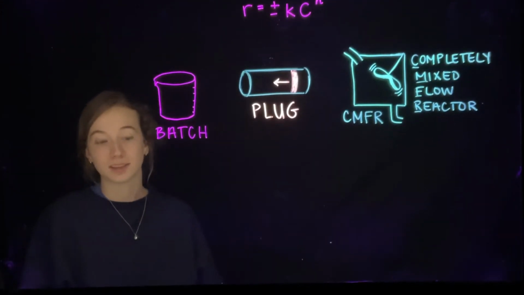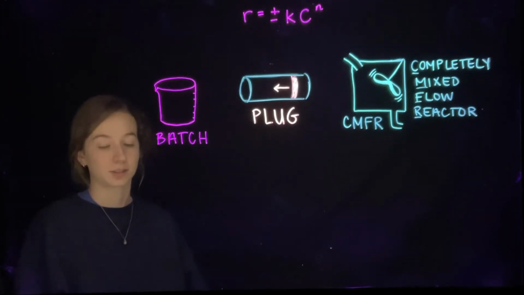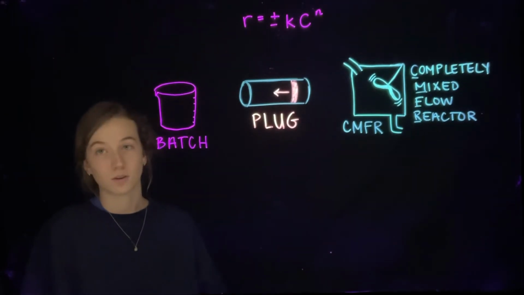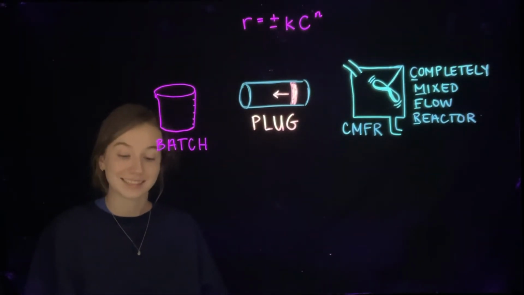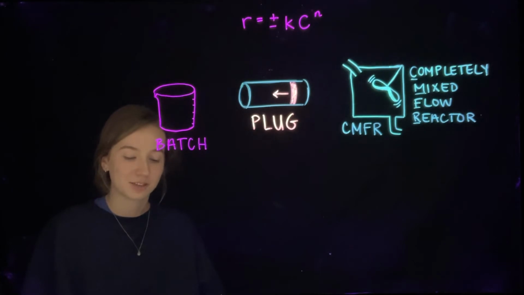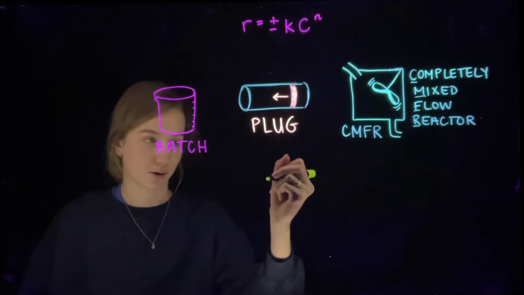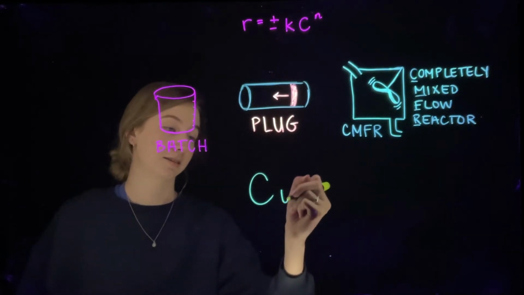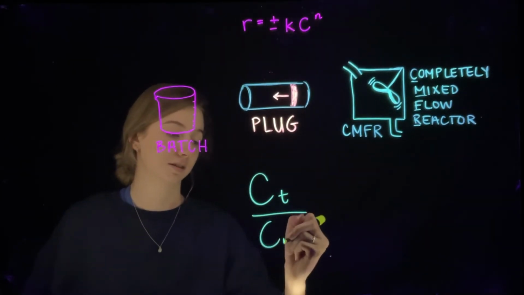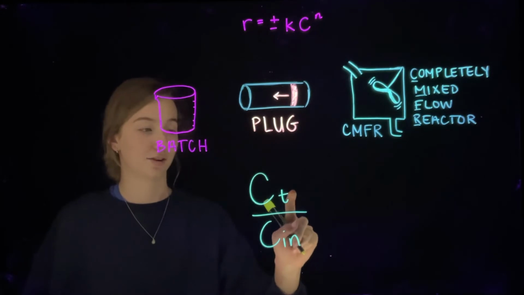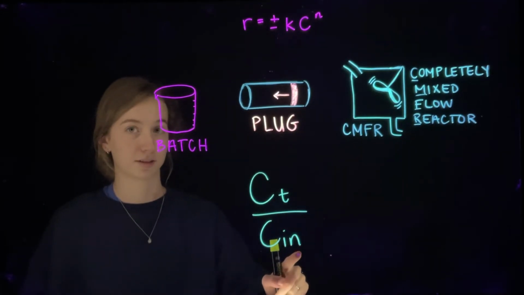Each of these approaches impacts the concentration in the reactor at a given time. Thus, given our reactor and reaction rate equation, we can derive an equation for the ratio of the concentration in the reactor at any given time to the input concentration, and that is Ct over Cin. So this is at your time, and this is your starting concentration.